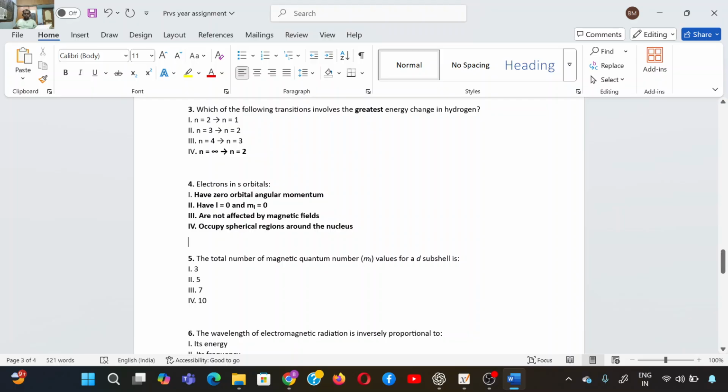And if l is equal to 0, that means no orbital angular momentum. And if l is equal to 0, m can go from minus l to plus l, so m is also 0. And spherical symmetry is also there in the s orbital. So they occupy spherical regions around the nucleus, and won't be affected by a magnetic field also because m is equal to 0. There is no split in the Zeeman effect.